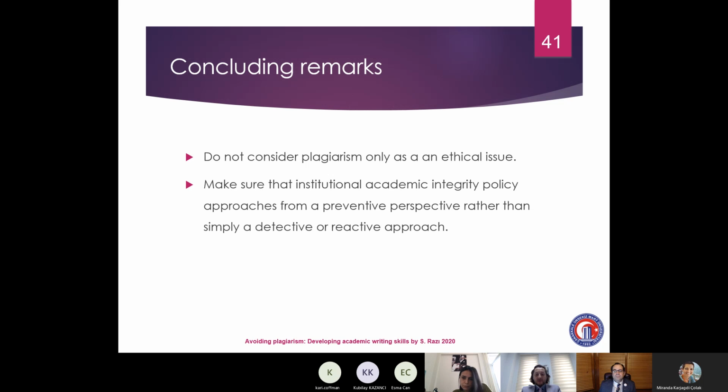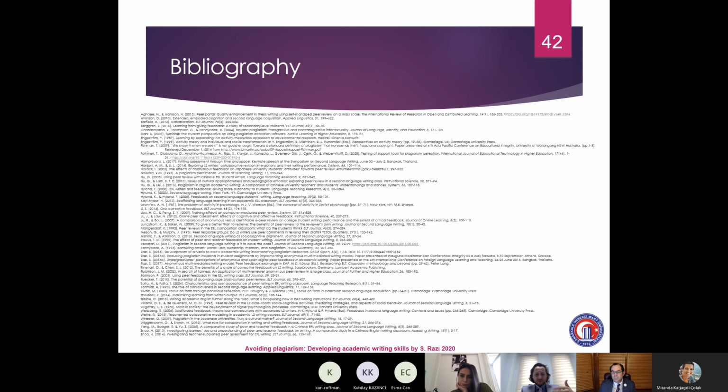But we should give priority to preventive approaches. I mean, some strategies, as told, to prevent students from academic misconduct and to promote academic integrity. We refer to several sources here, so I tried to provide a bibliography this time rather than a reference list, so there will be several other related sources available here.